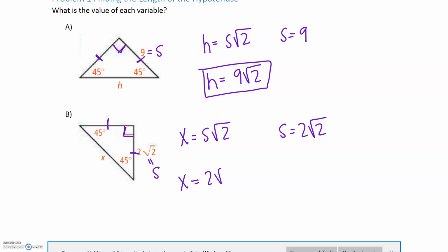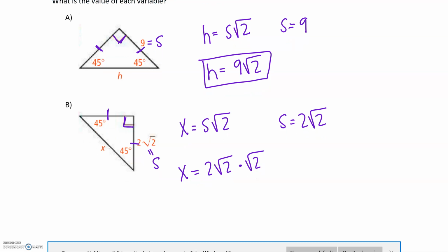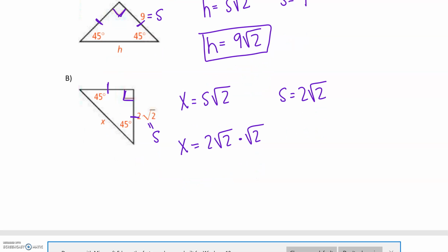So we've got 2 square roots of 2 times the square root of 2. That's going to give us x equals 2 square roots of 4, which just equals 2 times 2, which is just 4. Okay, not too bad.